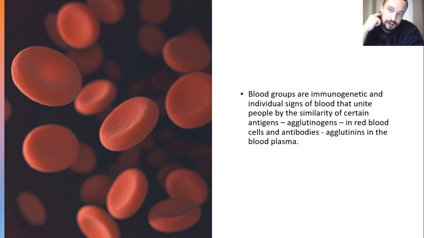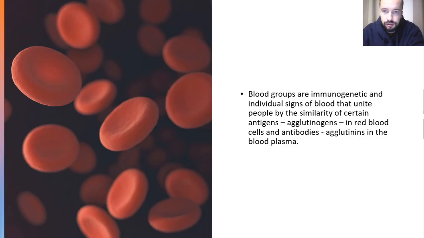They are immunogenetic and individual signs of blood that unite people by the similarity of certain antigens, agglutinogens, but agglutinogens we use just in Russia, so we will finish with this one and talk just about antigens and antibodies. Antibodies, or agglutinins, are in the blood plasma.